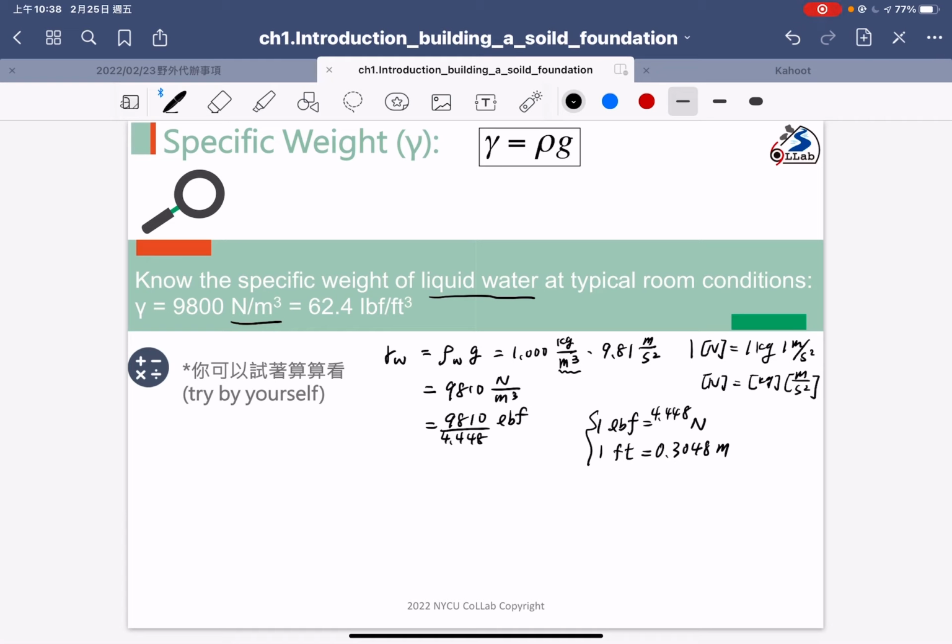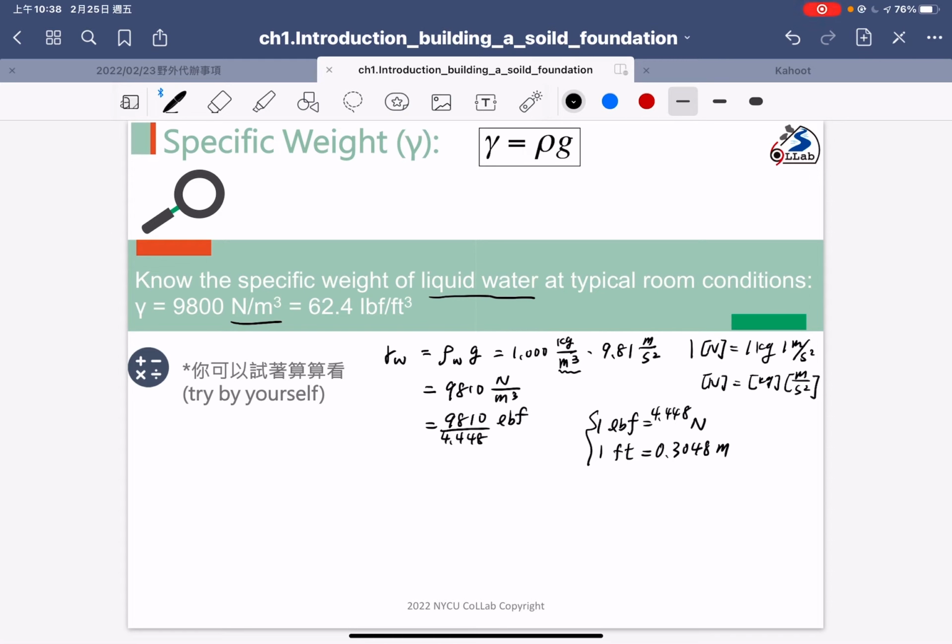Because we know 1 pound force is equal to 4.448 newton. So dividing by 4.448 newton converts it to pound force, right? And then second, there is a cubic meter.